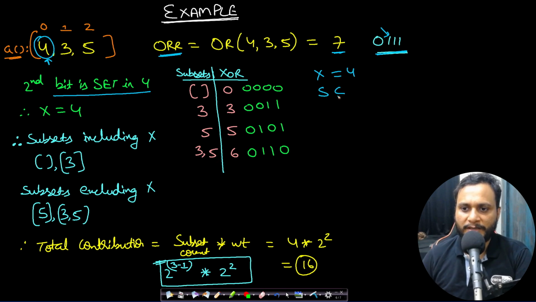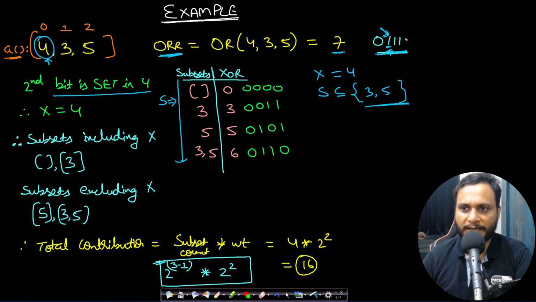Now S will be all possible subsets that you can form from the rest of the items, which is 3, 5. And what can be all possible subsets? That enumeration I have already given. This will be all possible values for S, right? Now if I want to find out the contribution, in how many subsets will the second bit be set, because the second bit is set according to my OR value.